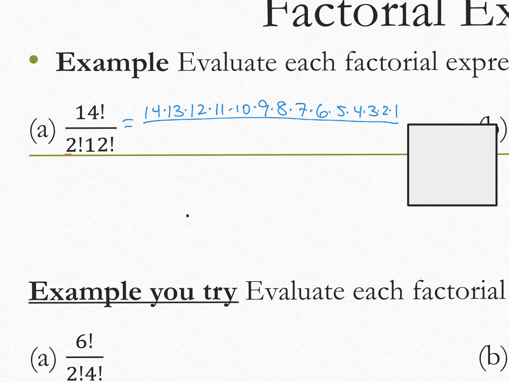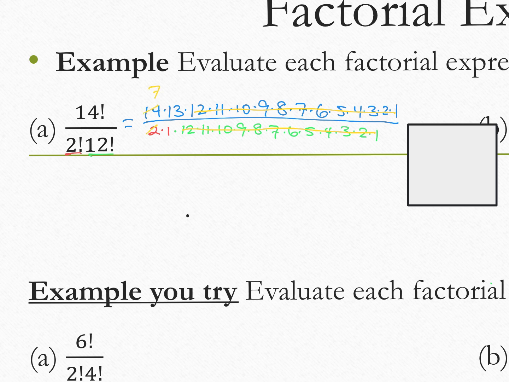Okay, so 2 factorial, and then you have your 12 factorial. Okay, and then notice what happens here. So we can cancel a couple things out. Notice they all have a 12 through 1. And we know 2 goes into 14 7 times.